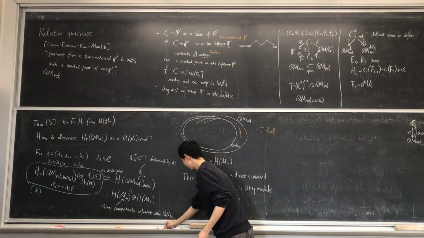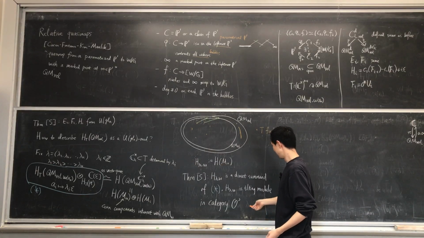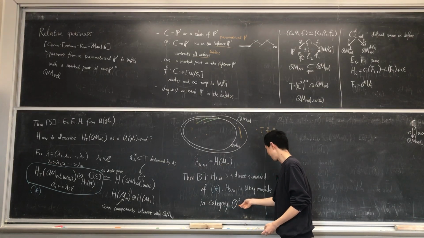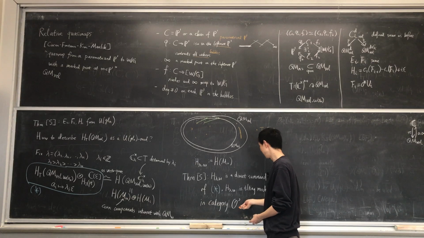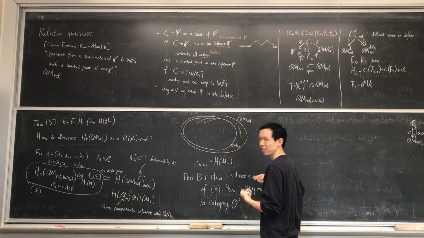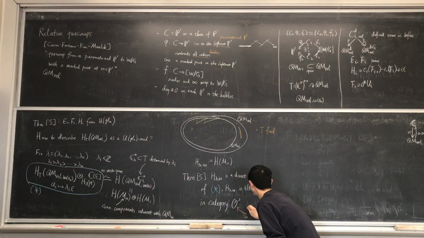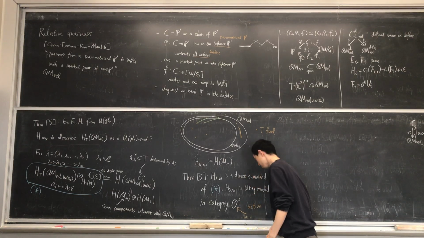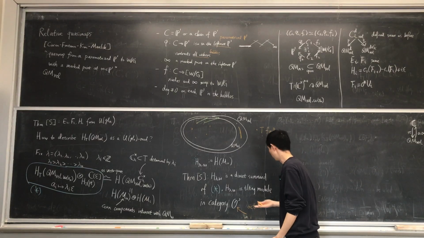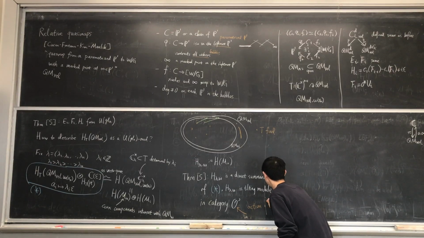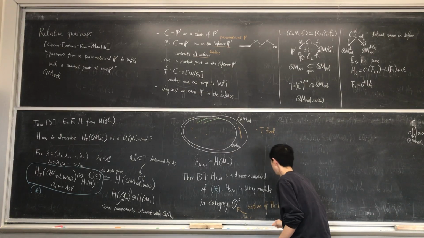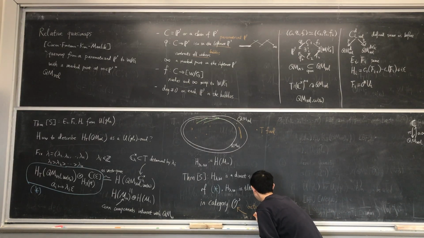The meaning of this O prime is about the action of the Cartan element. It means the modules where the action of the Cartan element is not semi-simple, but the action of the center is semi-simple.